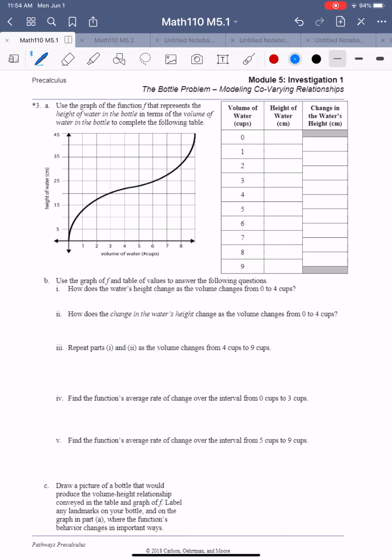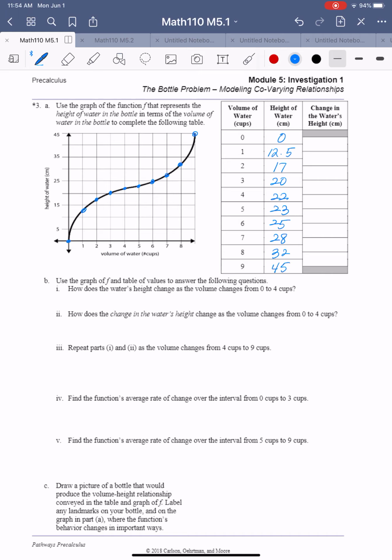When you have 0, of course there's 0 height, and then the volume 1 cup makes about 12.5, and 2 cups about, I want to say, 17, and 3 cups is about 20, and then 4 cups about 22, and 5 cups about 23, and 6 cups about 25, 7 cups about 28, 8 cups about 32, 9 cups about 45.